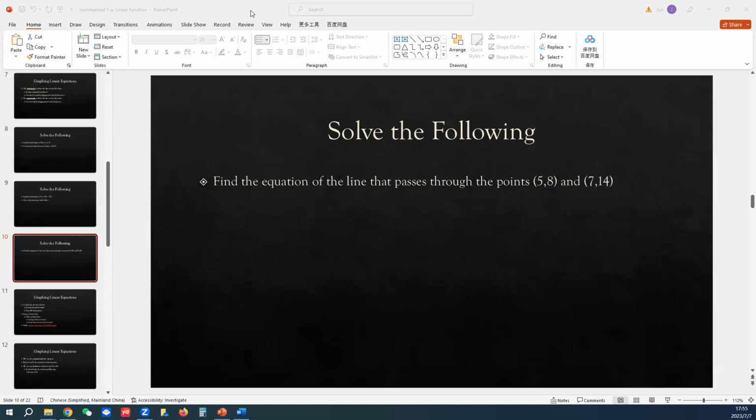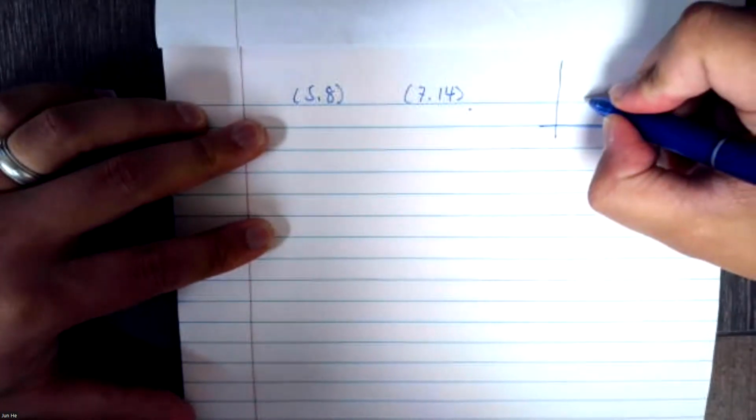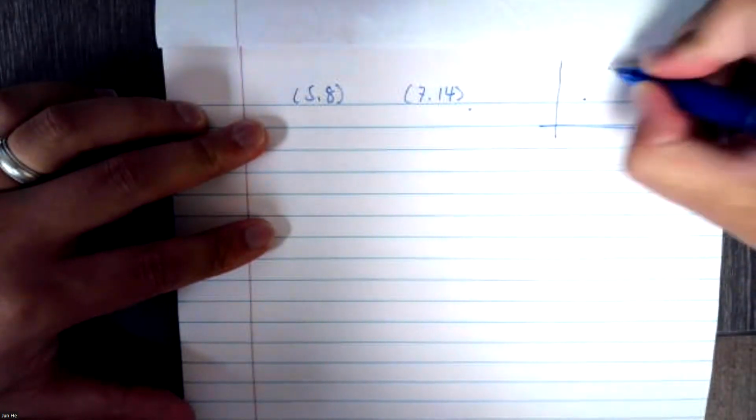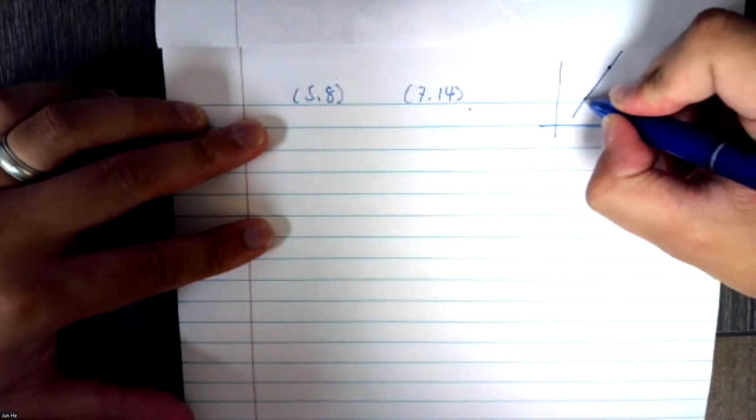Okay. So I'm going to turn on my document camera to work on this question. Say we have (5, 8), we have (7, 14), and then you connect them, there should be one determined line.